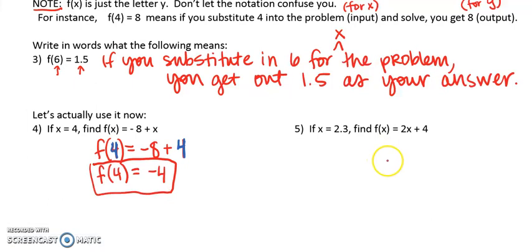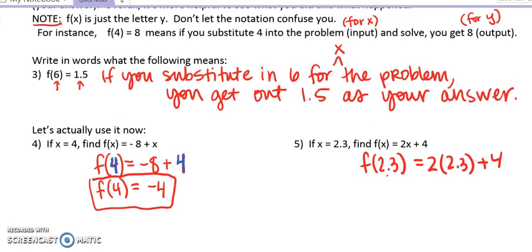For number 5, we're going to substitute in 2.3. So f of 2.3 equals 2 times 2.3 plus 4. Bring this up a little bit there. So again, I want to just point out to you, all I did was I substituted in a 2.3 for my x. That's all I did.